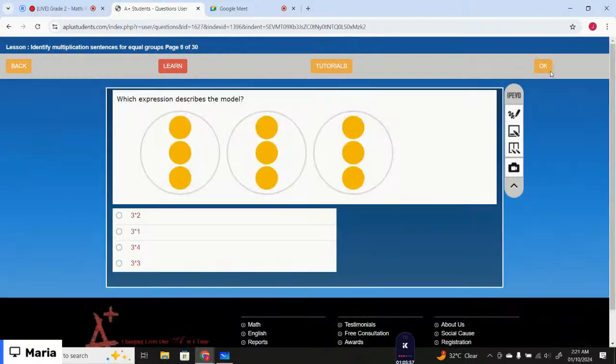Which expression describes the model? That is 3 times 3, right? The last one is the correct option.